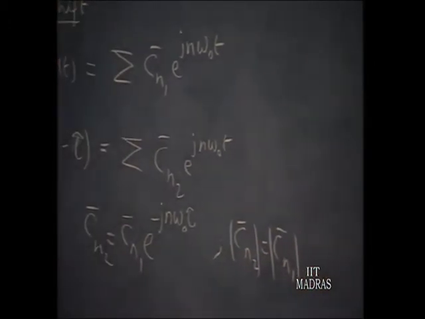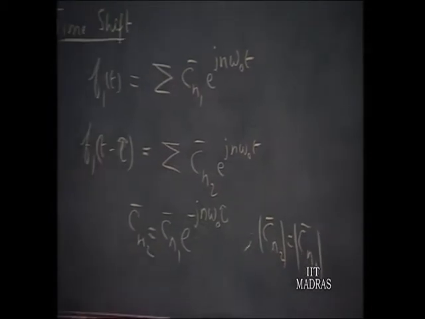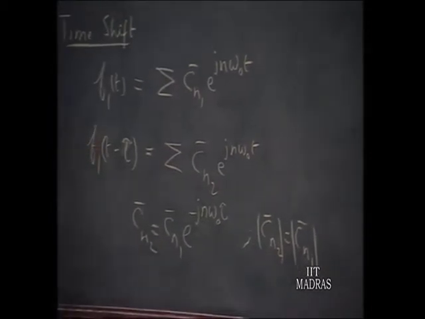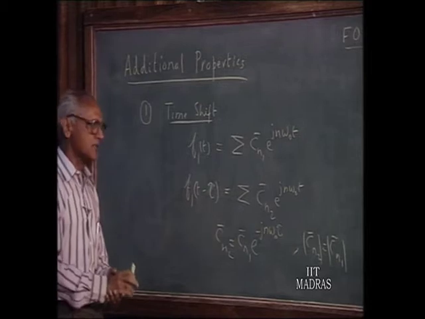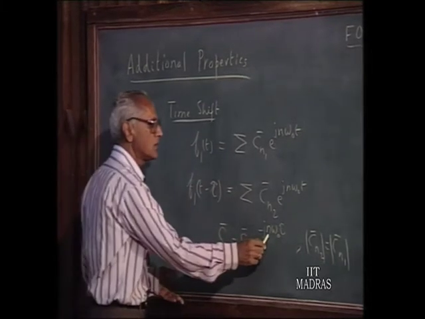However, the phase, the angle, is different, which means that the magnitude spectrum of f1 of t and the magnitude spectrum of f1 of t minus tau will be the same. The phase, however, is decreased by an amount proportional to the frequency.